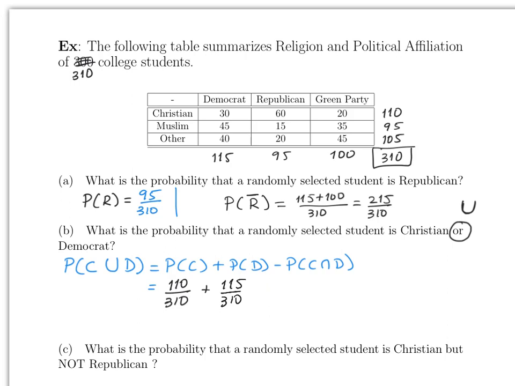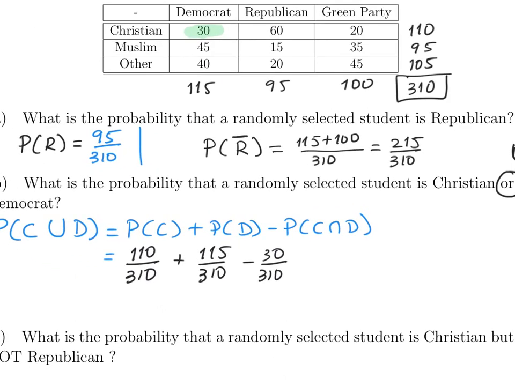And then finally, how many people are both Christian and Democrat? This value, 30. So this will be minus 30 over 310, which is 195 over 310. That's it.